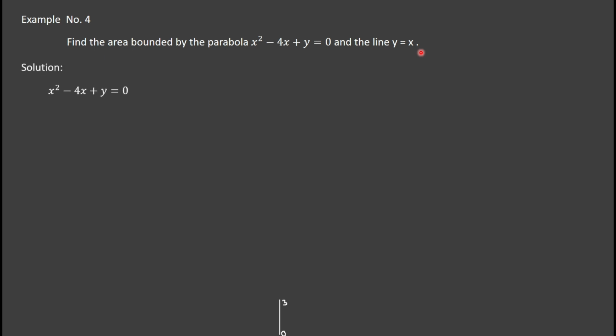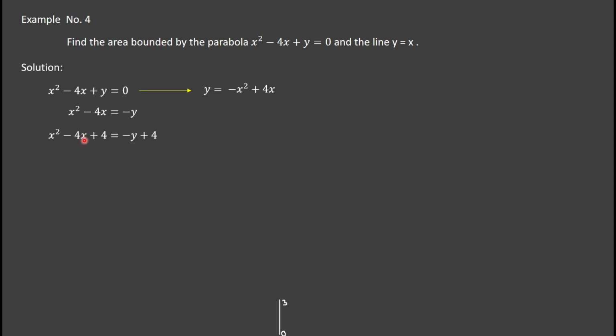So therefore we can first find the vertex of the parabola. Again, equate y is equal to negative x squared plus 4x. Then x squared minus 4x is equal to negative y. Then we can now complete the square. Half of the 4 is 2, so the square of 2 is 4.